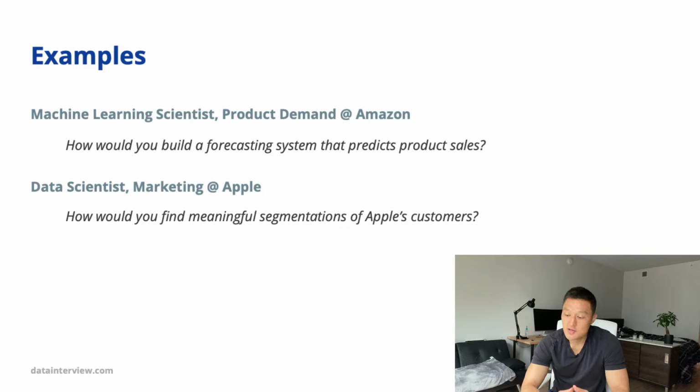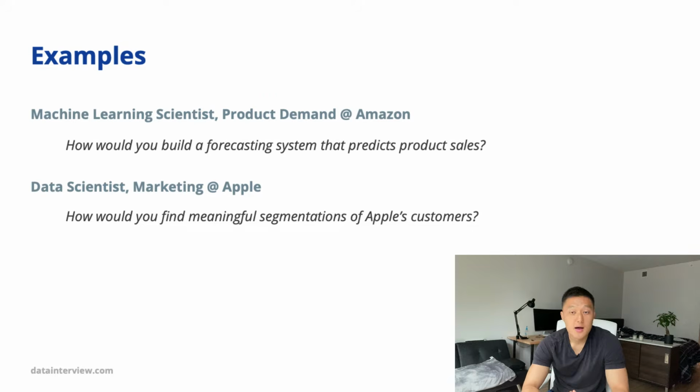Notice how the case questions asked for each role are very relevant. For instance, building a forecasting system is a machine learning problem. It's something a machine learning scientist in product demand would probably work on.